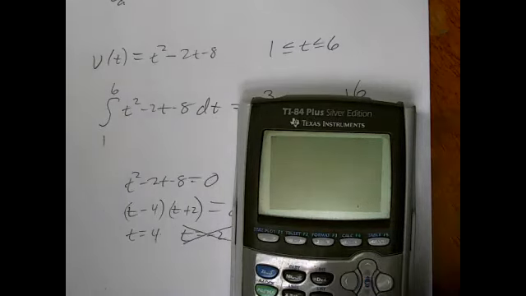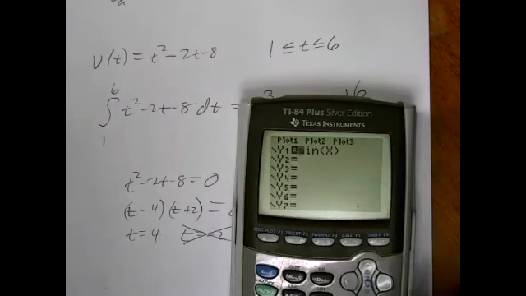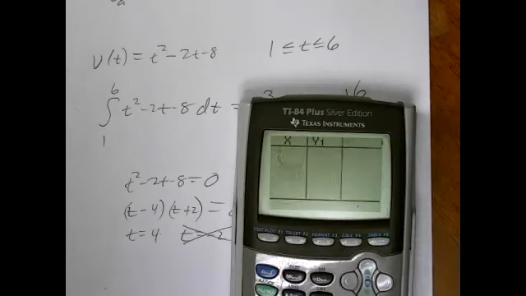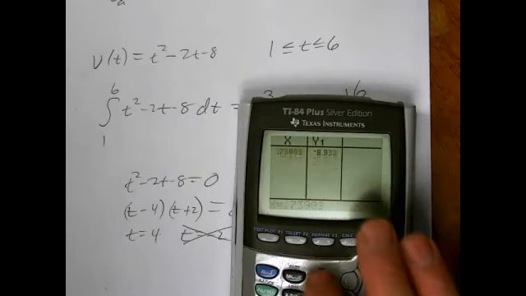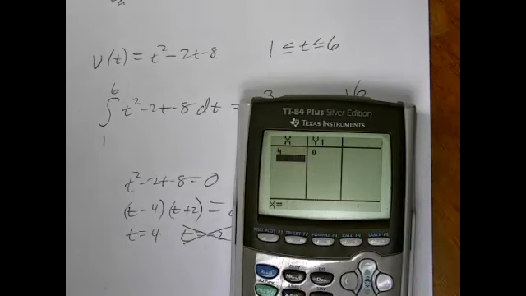Now, if you take your calculator and look at the function, I'll put it in as x squared minus 2x minus 8. You look at the table, we can verify that at time 4 it was stopped. So what was it doing the rest of the time?